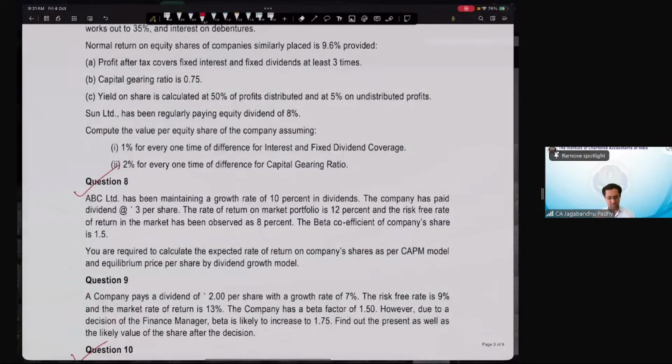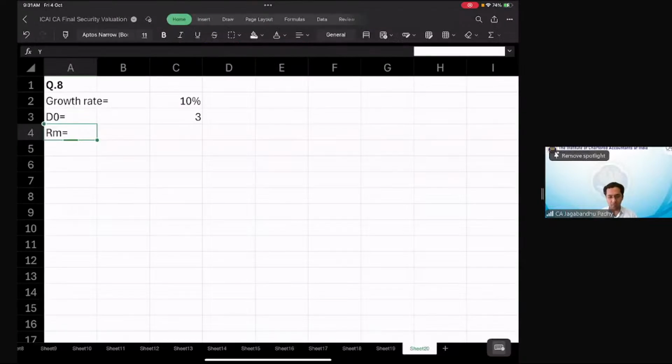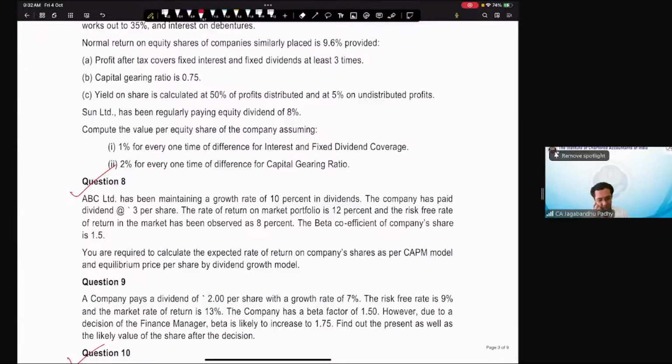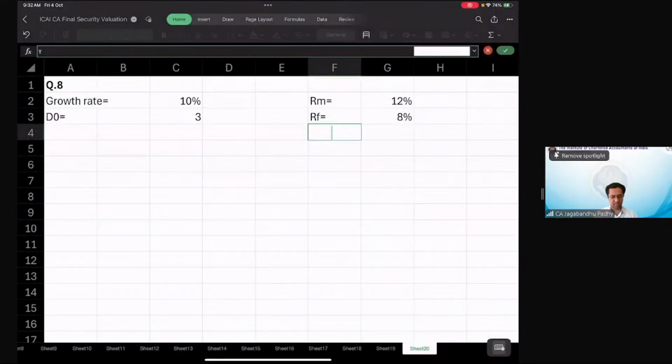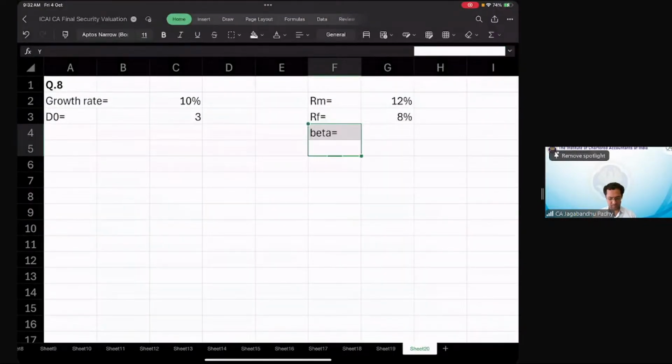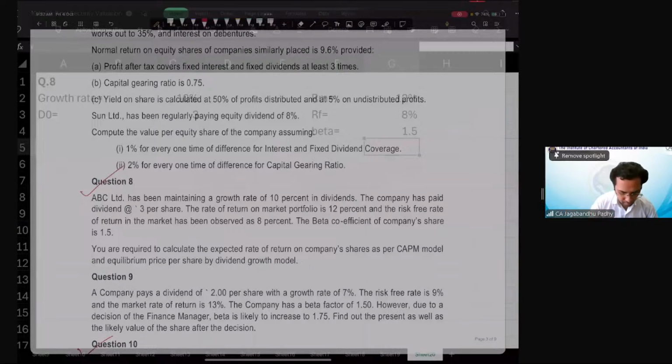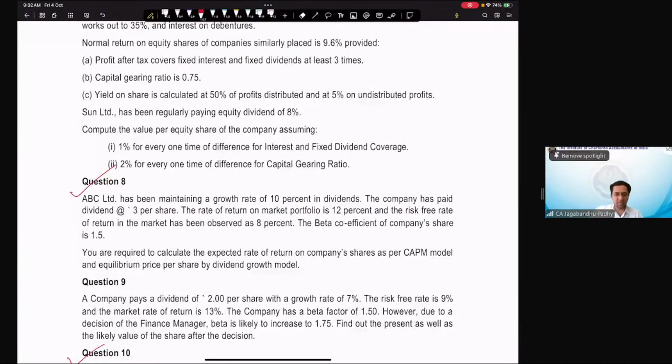Market rate of return is 12%. Risk-free rate of return in market, RF, is 8%. Beta coefficient of the company share is 1.5. Now you're required to calculate the expected rate of return on company shares as per CAPM model and equilibrium price per share by dividend growth model.